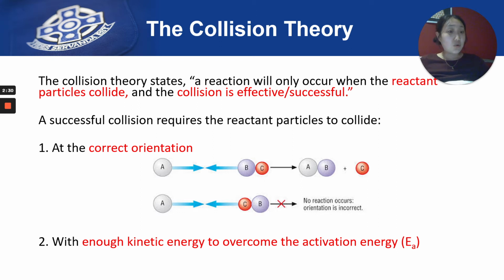That means they collided at the correct orientation, and with enough kinetic energy to overcome the activation energy of the reaction. If they collided at the correct orientation but without enough kinetic energy, they will simply bounce apart. Likewise, if they had enough kinetic energy but didn't collide at the correct orientation, the hydrochloric acid and sodium hydroxide particles would simply bounce apart.